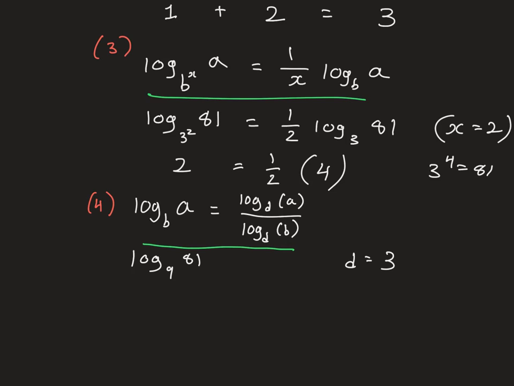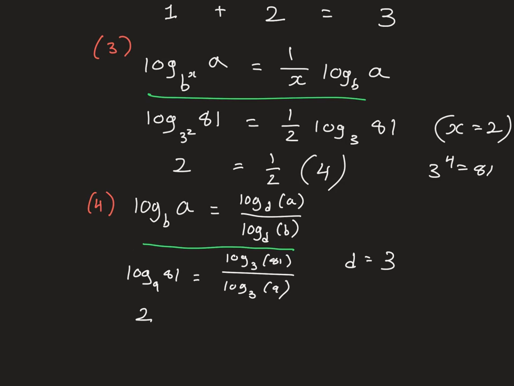Okay, let me rewrite this a little bit lower. We already know this is 2. And that's log base 3 of 81 over log base 3 of 9.